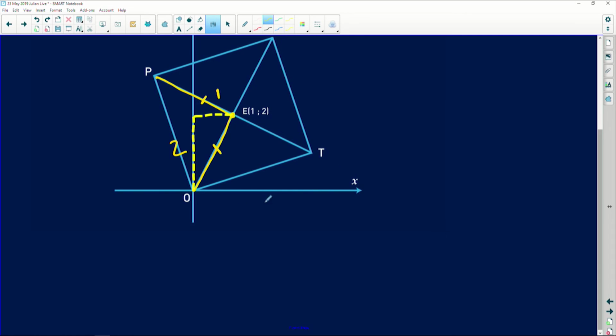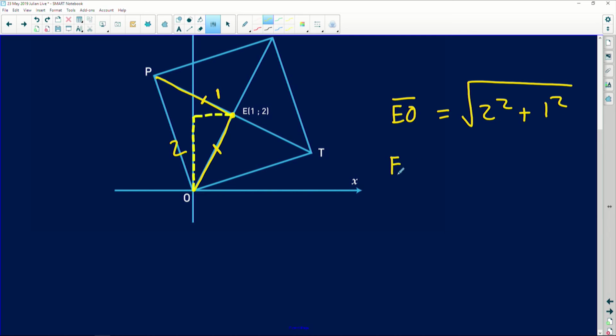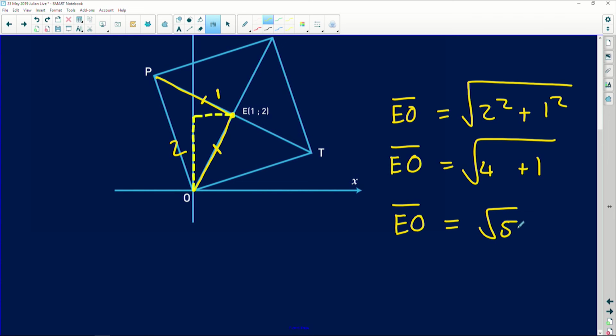So I'm going to say distance EO is equal to the square root of 2 squared plus 1 squared. To simplify this, 2 squared gives me 4, plus 1. And I then have that EO is equal to the square root of 5.